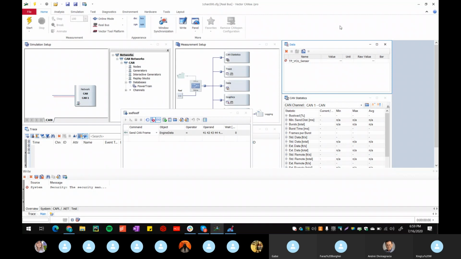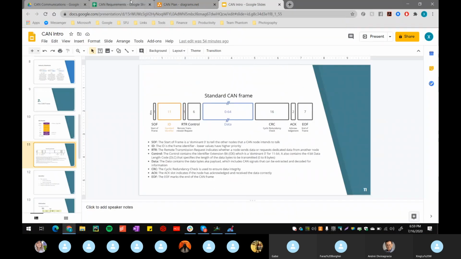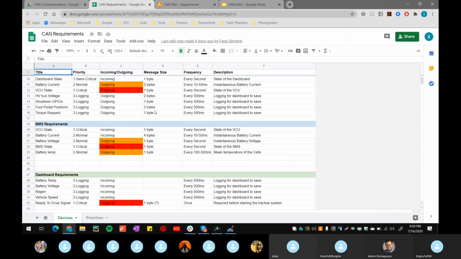So how busy do you think our CAN bus will be with all the messages we have? Compared to a normal car, not busy at all. Looking at what we need to send, it doesn't seem too bad, because these are all like 1 byte every half minute.